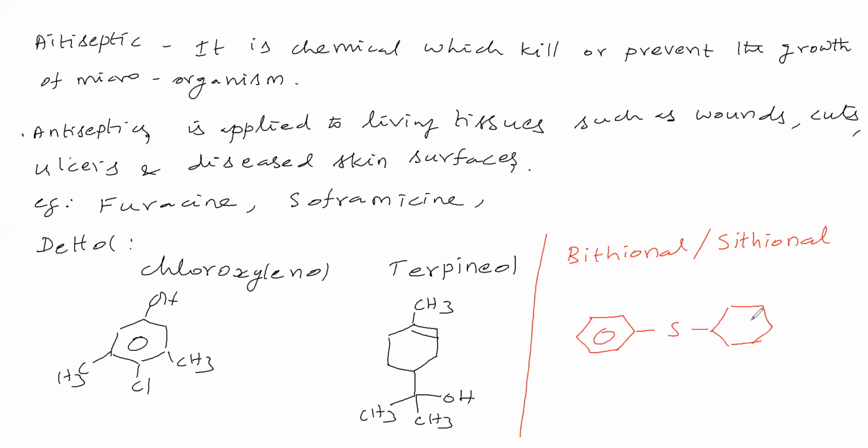Two benzene rings bonded through sulfur. Next, substituents: here one OH group, ortho to this Cl, meta to this Cl. In the same manner on this side: here OH, here Cl, here Cl. It is bithionol.